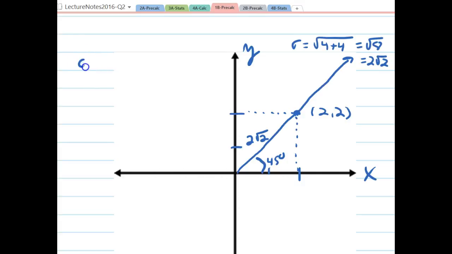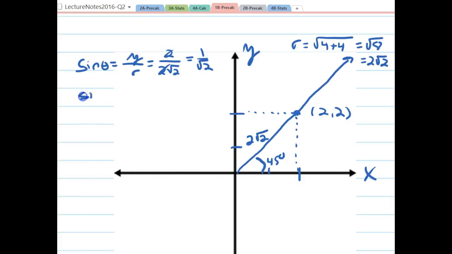Well, we already know that if we're talking about sine theta, it's going to be the y value of the ordered pair that's sitting along the line that's made the angle divided by r. Well, the y value is 2, positive 2, and the r value is 2 root 2. The 2's cancel. I get 1 over root 2.